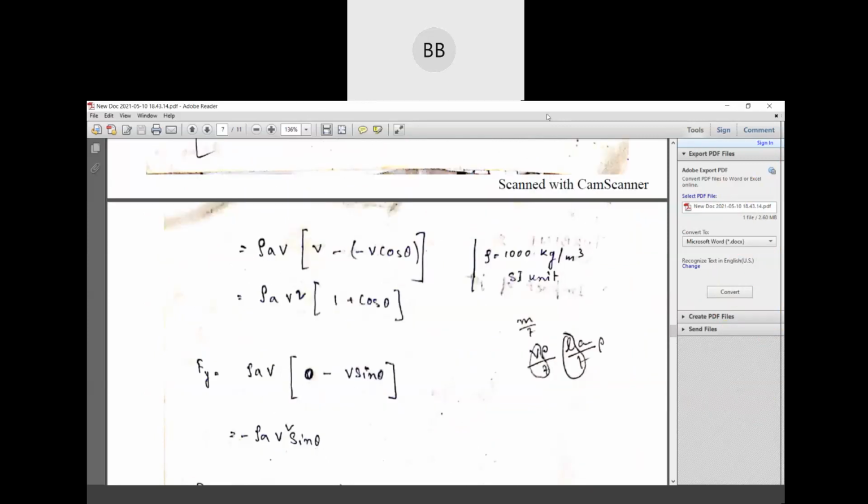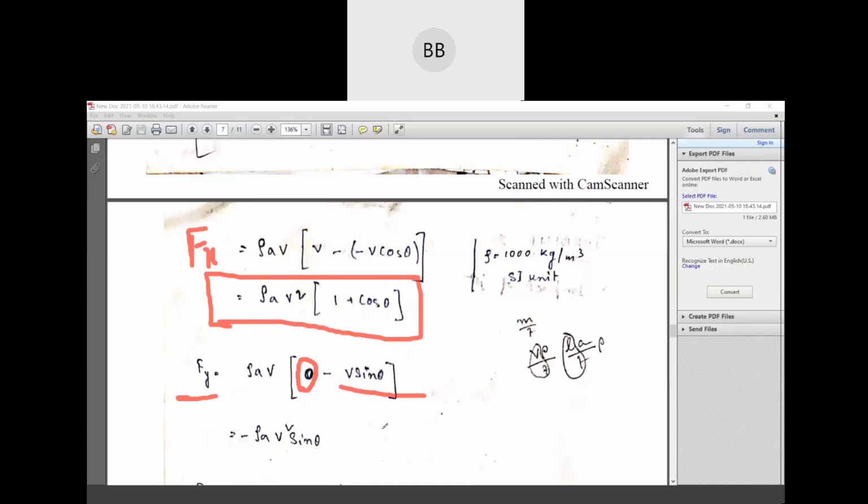You can see here, this is for your curved plate F_x. ρaV, the initial velocity is V minus V cos θ. So minus minus you can consider positive. If you bring it out, V², this is nothing but your simplification. And then F_y, ρaV, we don't have any y component before strike, that is why it's 0, and after strike the y direction is V sin θ.